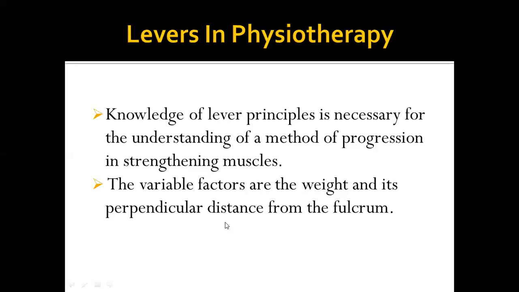The same example for the lower limb. If we want to check the hip flexion movement, and if we want to apply resistance for hip flexors, then if we apply resistance just above the knee joint, it would be much easier to overcome compared to the same amount of resistance applied at the ankle joint, right?